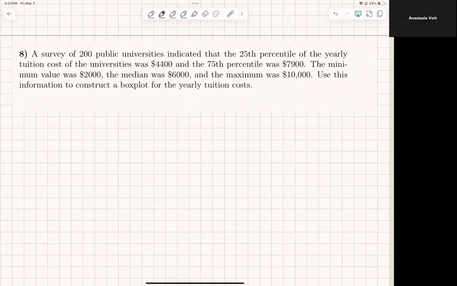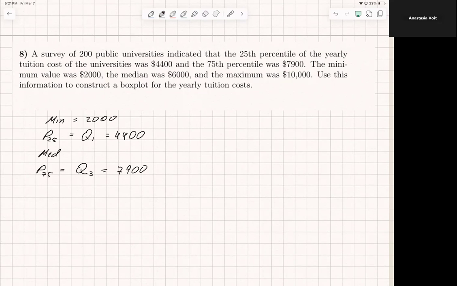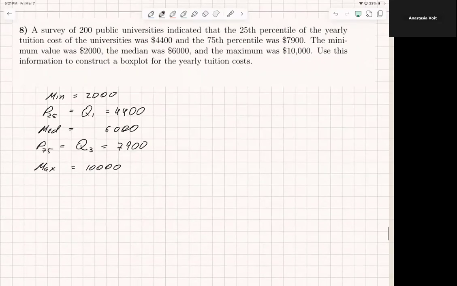So what information do we have? We have the 25th percentile, which corresponds to quartile 1, that is 4,400. We are given the 75th percentile, which is quartile 3, 7,900. We are given the minimum, which is 2,000. We're given the median, which is 6,000. And we're given the maximum, which is 10,000. So what they want us to do is use this information to draw a box plot.